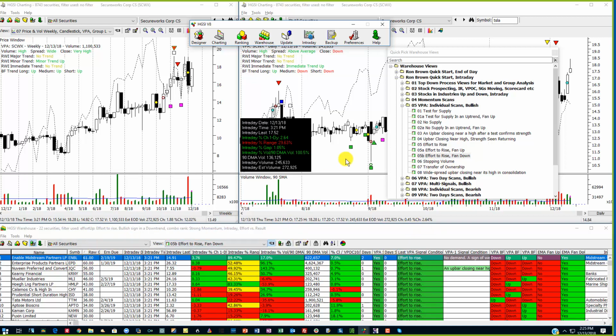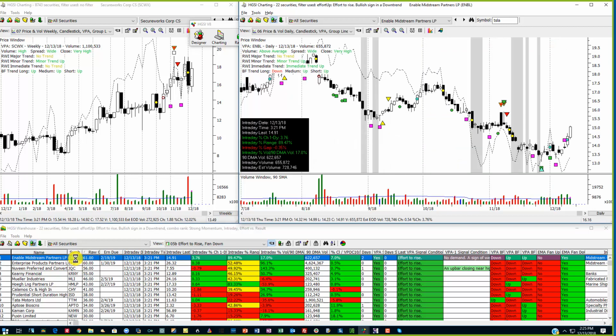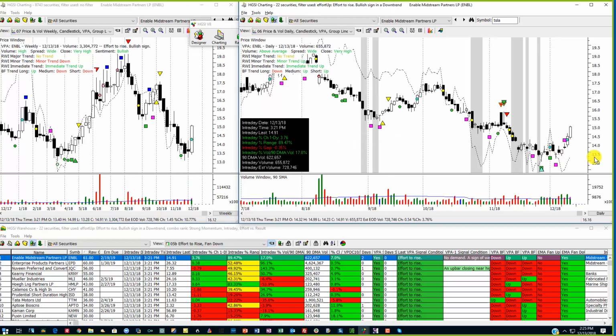Now, this is a good example here. This is an effort to rise with the fan down. So the fan is down, and we're getting strength as of yesterday. This is a midstream partner. And John, you like the bottom fish? This is another bottom fishing scan because the fan is down, the group is down, but what does this tell us?